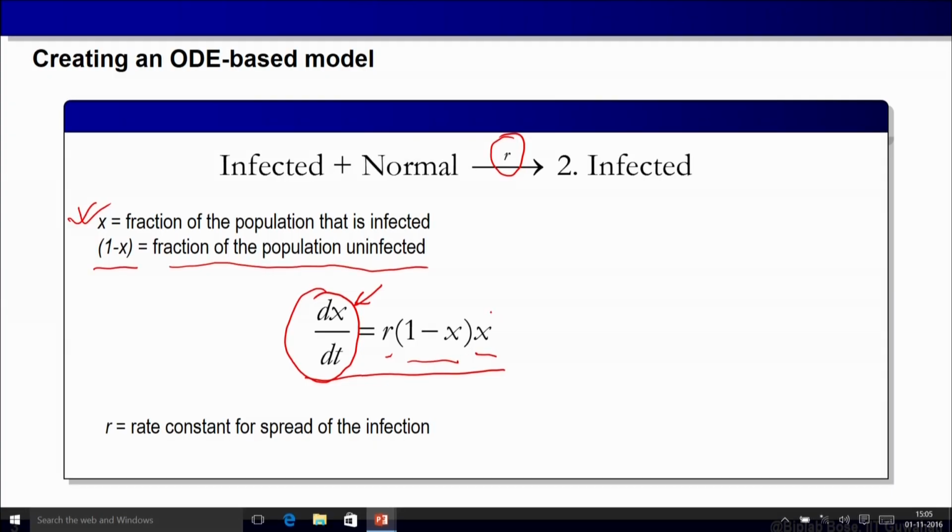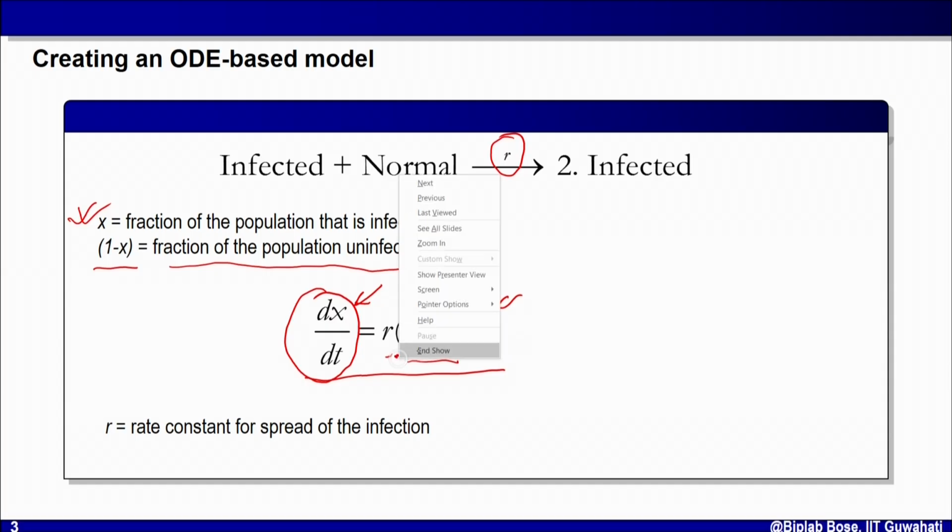Obviously, it depends upon how many infected persons there are and how many uninfected persons there are. That's why it is equal to, or proportional to, the multiplication of 1 minus x, this is the uninfected population size, into x, the infected population size, and we have put a rate constant here, r, as a proportionality constant.